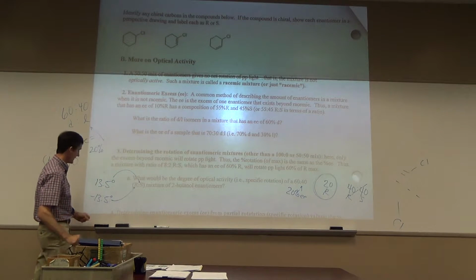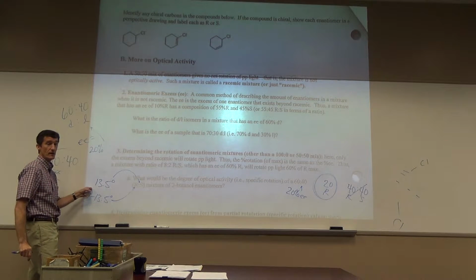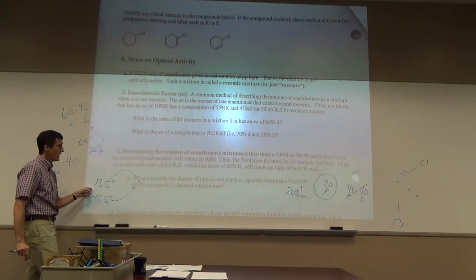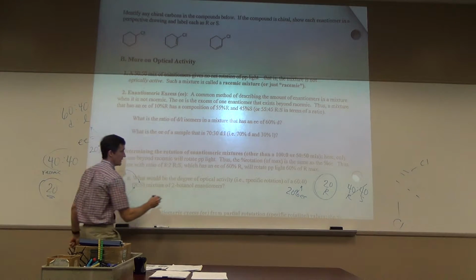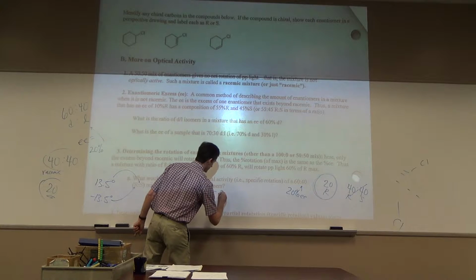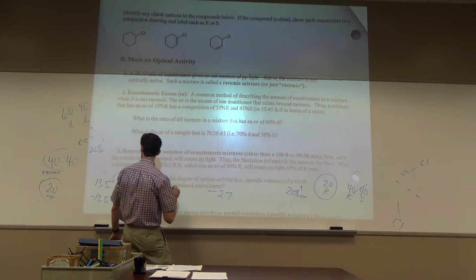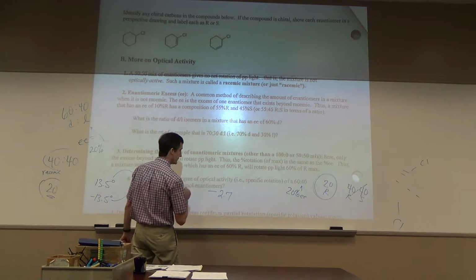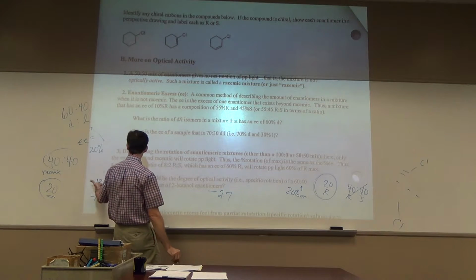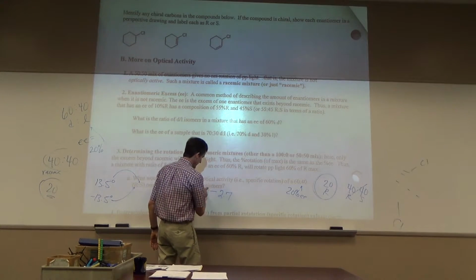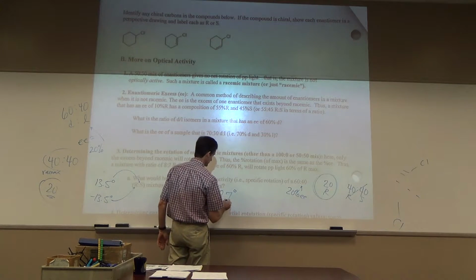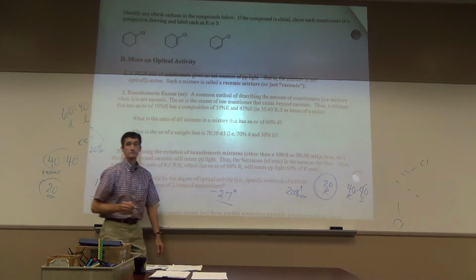What's 20% of max? 20% of this. 10% would be 1.35. 20% would be 2.7. Is it plus or negative? R, yeah. Minus 2.7. I'm losing a sig fig here because I got one more. That's okay, at least I didn't gain one.